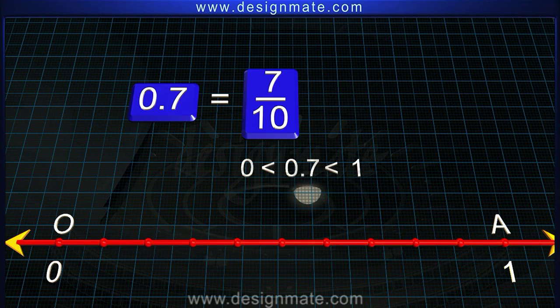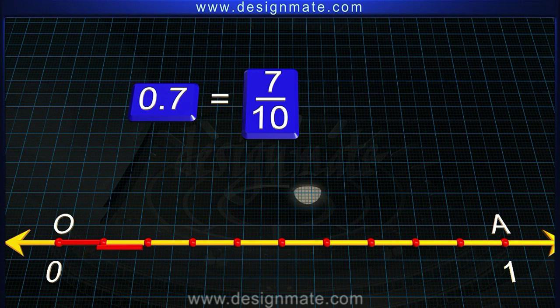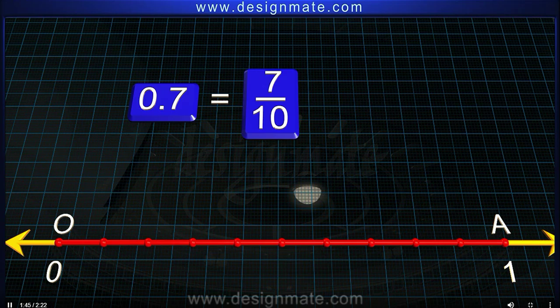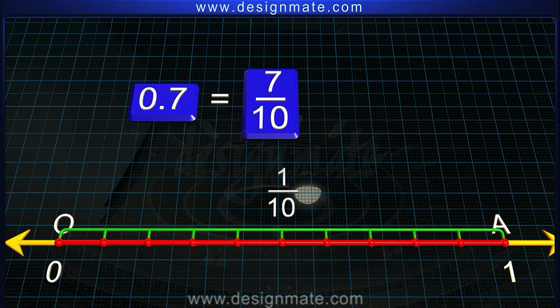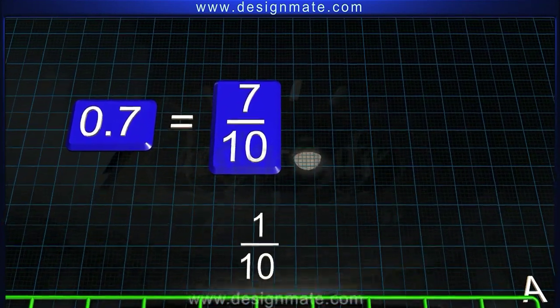Take the points dividing line OA into 10 equal parts on the number line. Each part has a length 1 upon 10.